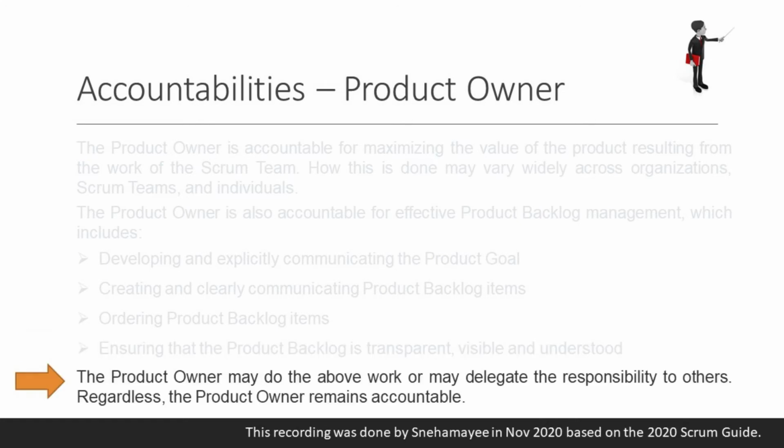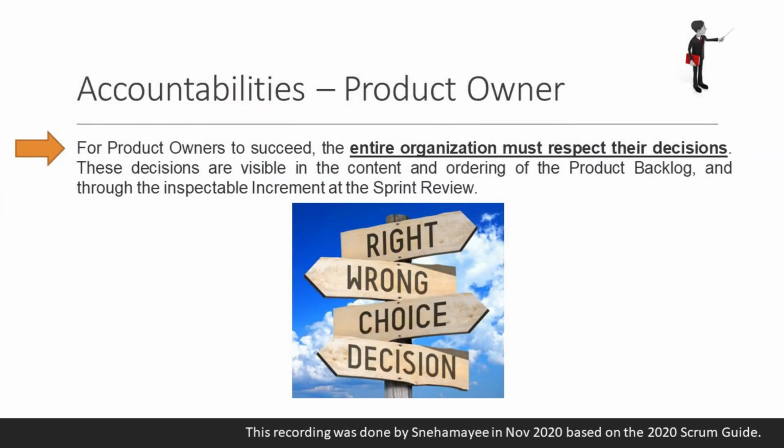understood. The product owner may do the above work or may delegate the responsibility to others. Regardless, product owner remains accountable. For product owners to succeed, the entire organization must respect their decisions.